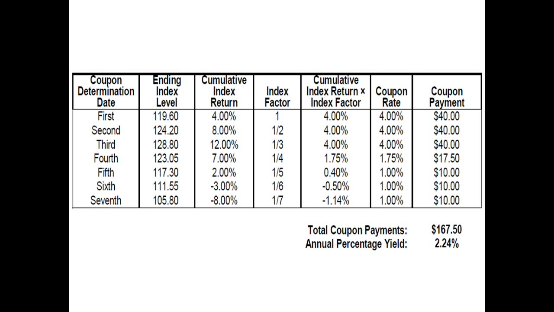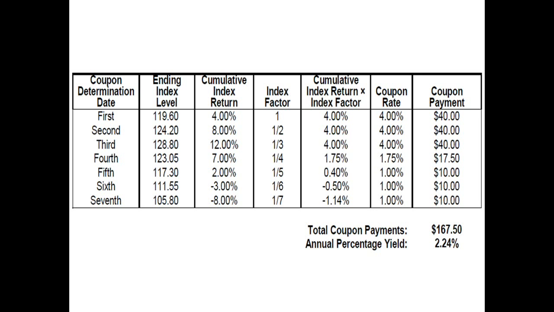Once again, in the fifth year, we lose again, and the difference between the initial price and the current price at the end of the fifth year is only 2%, divided by the number of years, 5. The return would be 0.40%. That's below the minimum guaranteed return of 1%, and so the client would receive the 1% minimum guarantee.